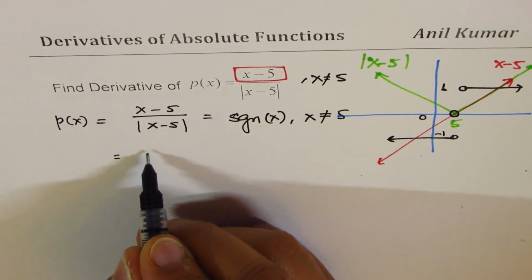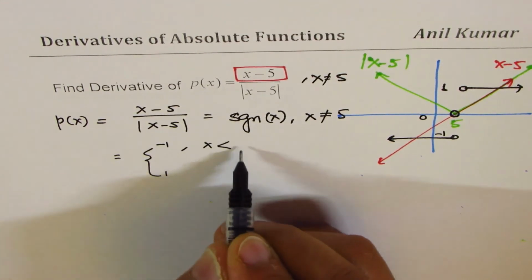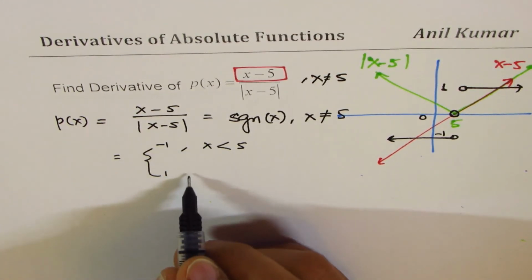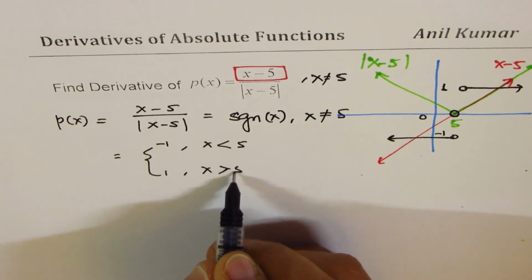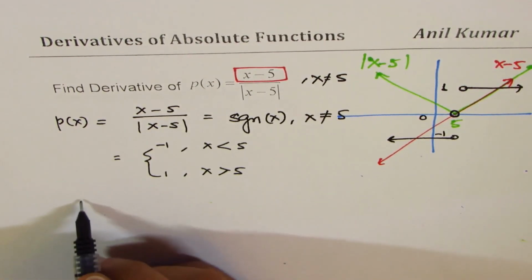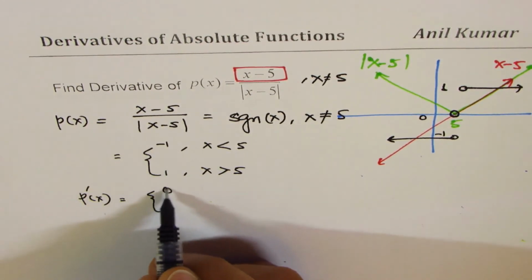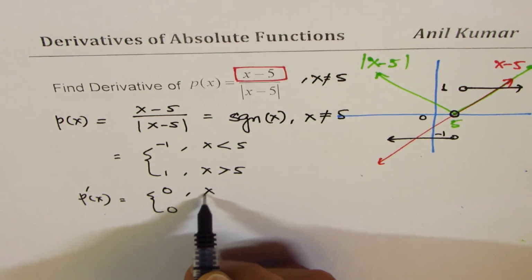Well, as a piecewise function, you could write this as -1 or +1. When x is less than 5, it is -1. When x is greater than 5, it is +1. And therefore, the derivative of this function will be equal to 0 in either case, right?